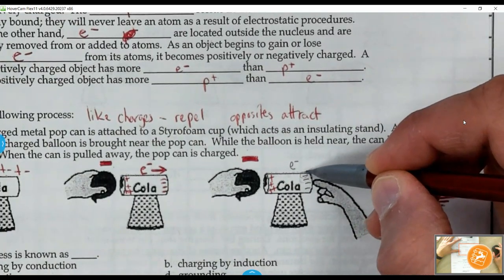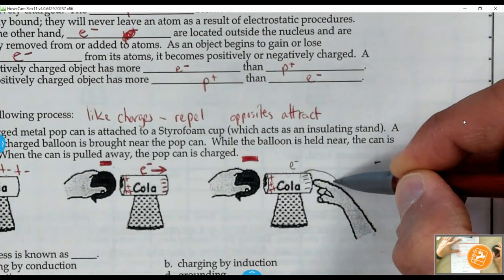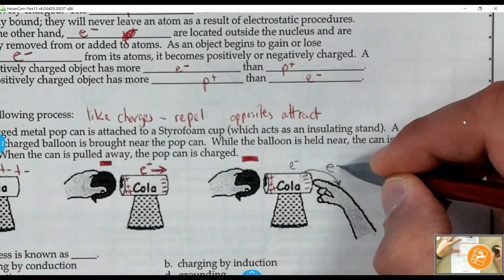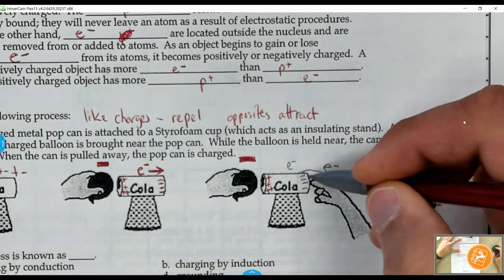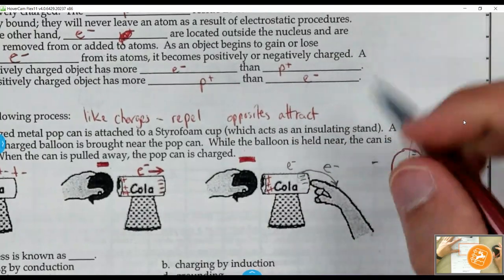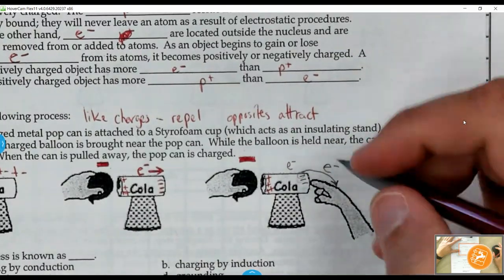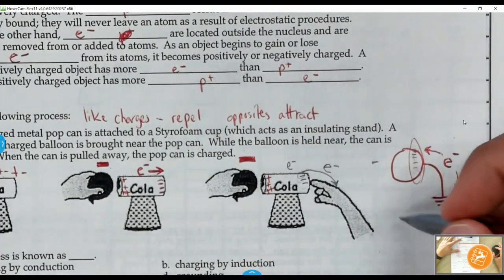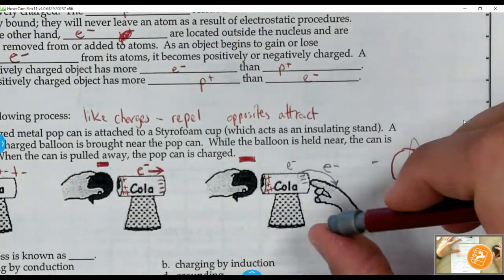So they're going to basically make and use a path from the hand to the ground. So we lose 1, 2, and now when we take this away, we stop touching it with the grounding hand. Now let's just say we lost 2 electrons.